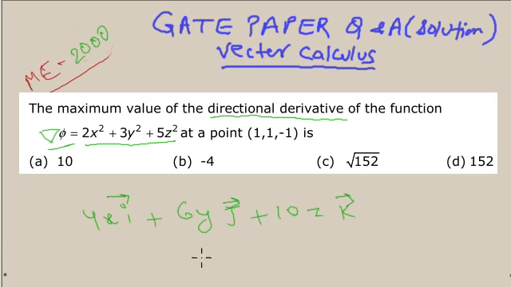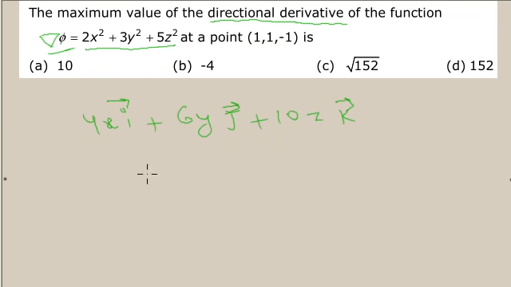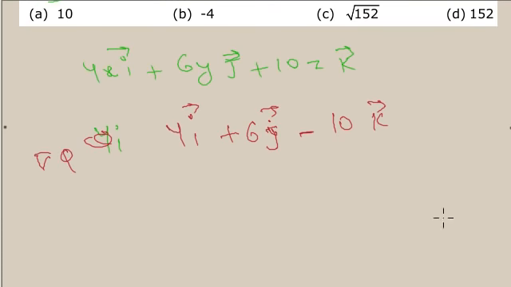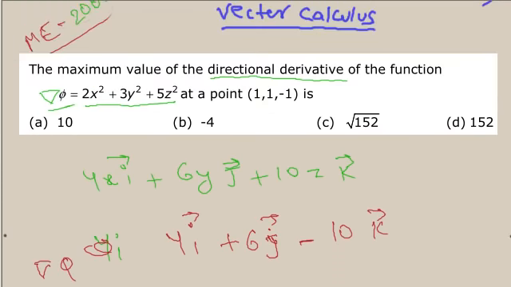k. So if you put the values 1, 1 and minus 1 here, you will get 4i plus 6j and minus 10k. So the magnitude of this vector is the maximum value of the directional derivative.